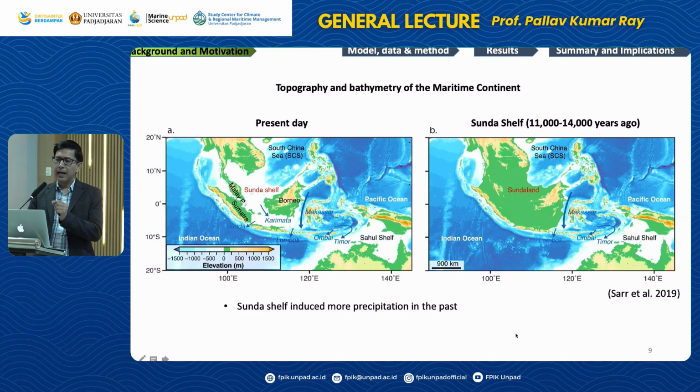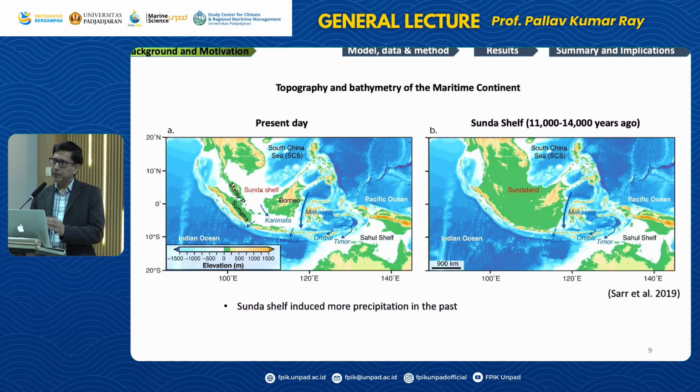So the reason I'm giving this example is, when the whole area was a single landmass, how was the precipitation at the time, correct? And there was a really nice paper by Sar et al. It's a kind of paleo paper where they looked into precipitation over Sundaland, and what they found was that precipitation used to be much, much stronger over Sundaland, correct?